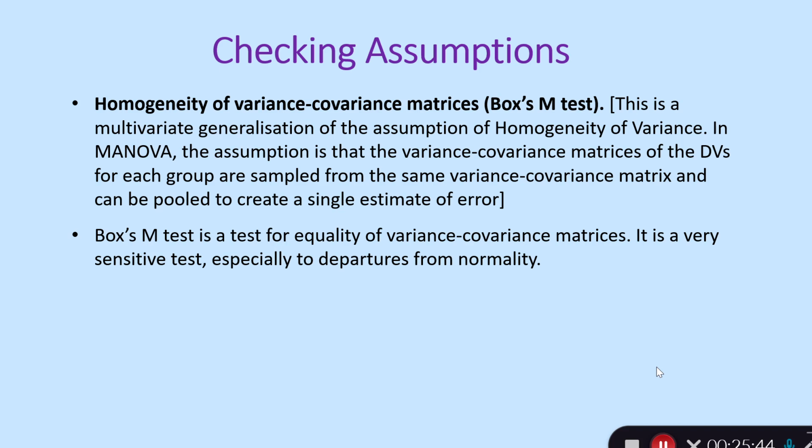This is the multivariate equivalent of it, and because we're dealing with matrices, it's got a much longer and more complex name: homogeneity of variance-covariance matrices. In MANOVA, the assumption is that the variance-covariance matrices of the DVs for each group are sampled from the same variance-covariance matrix, and that they can be pooled to create a single estimate of error.